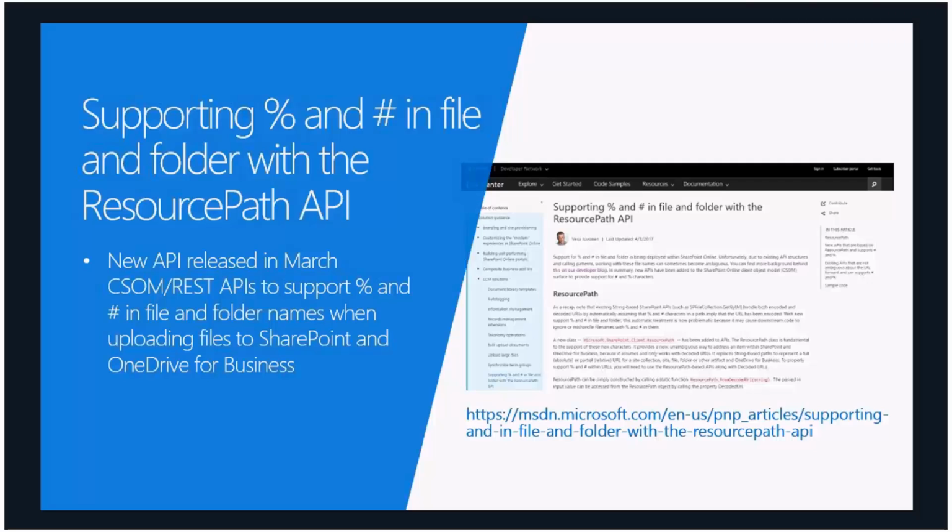That's really the challenge with SharePoint Online, considering the millions of tenants and developers out there doing customizations for SharePoint. So we can't really do breaking changes in some of these APIs. That's why we've been introducing new APIs as part of this change, to make sure you can still have percent and pound signs in the file naming.